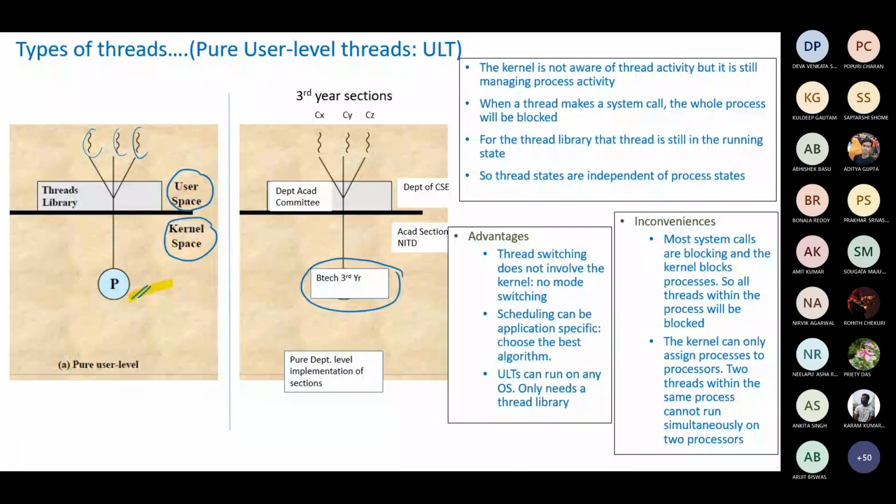The division of the sections is entirely the task of the CSE department and the departmental academic committee, the DAC, and it is not visible to the academic section. Whenever they ask for the marks, we compile all the marks from CX, CY, CZ and pass them on to them.